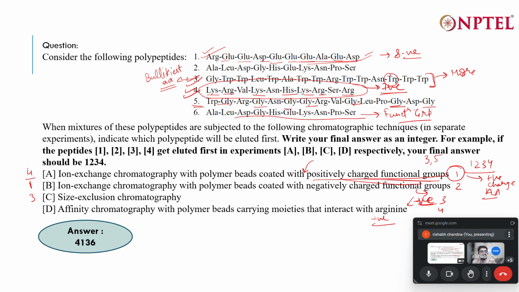For example, serine, then asparagine. Glutamate and aspartate can directly interact with this. So in the last one, both sixth and first can interact. So the correct answer could be 4136 or 4131.